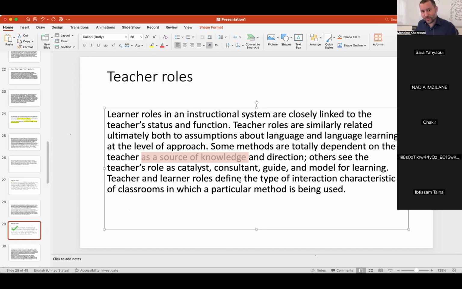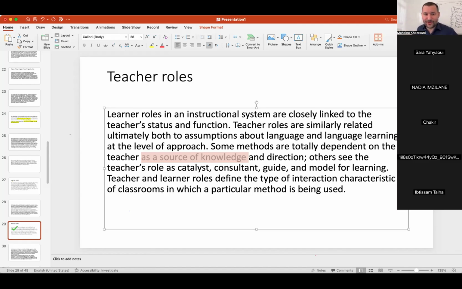All right, so that's one of the roles of a teacher. He is a source of knowledge, but he's not the only one. Or maybe somebody who can create a positive change in students' learning. Somebody who can guide them, or a model for them.